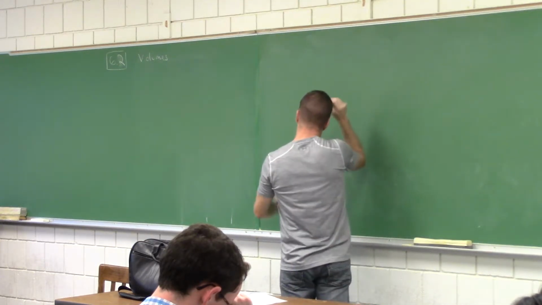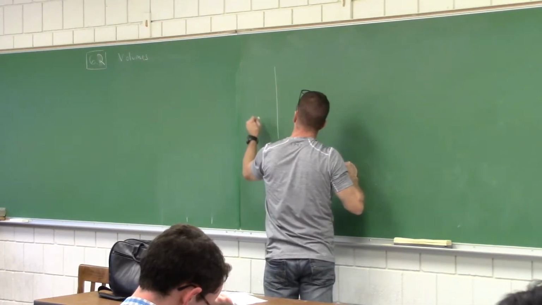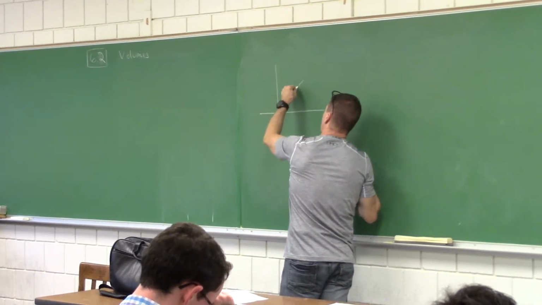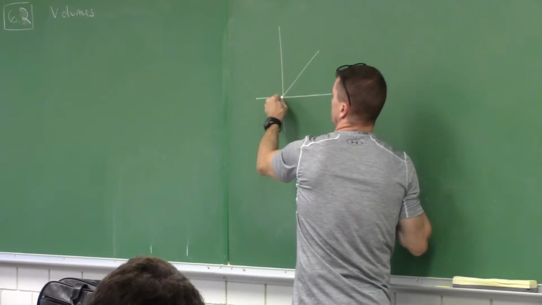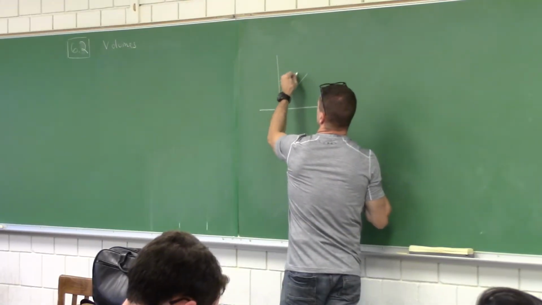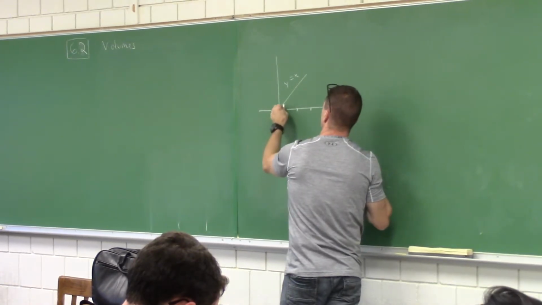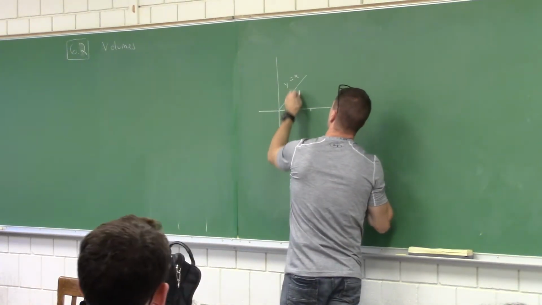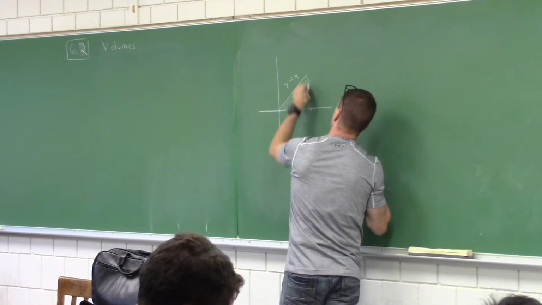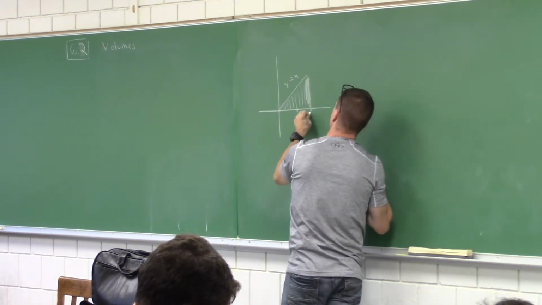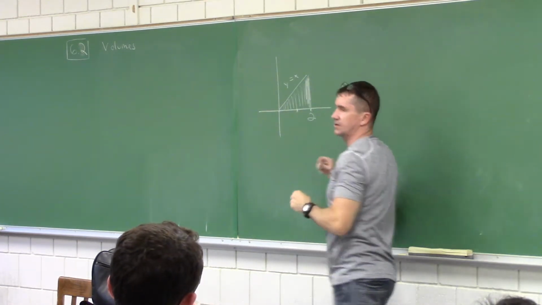So we'll start with this. How about just y equals x? We always start with a simple example. And when y equals x, just this time, let's go out from 0 to 2. You see that area right there? From 0 to 2.